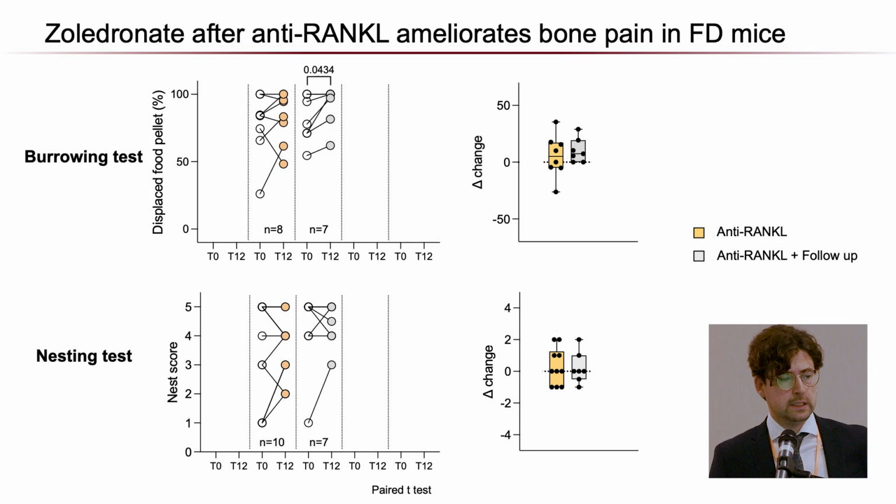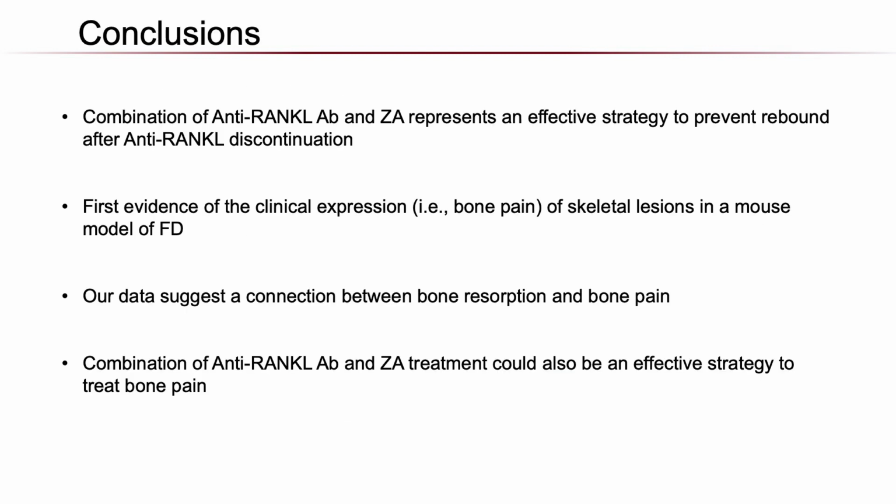So to conclude, the combination of anti-RANK ligand and zoledronate can represent an effective strategy to prevent rebound after anti-RANK ligand discontinuation. And we show this is the first evidence of the clinical expression of the skeletal lesions in a mouse model of FD.